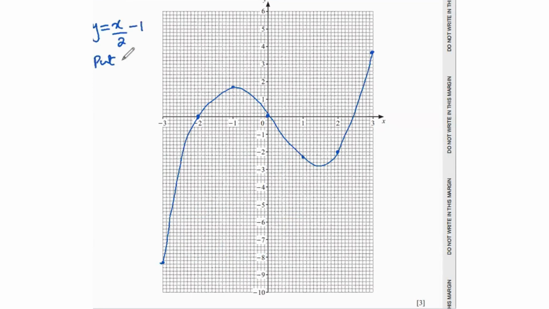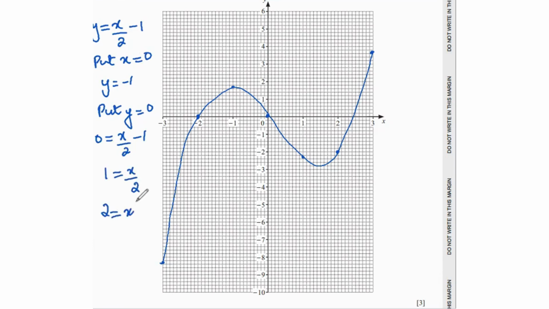If we put x equals 0, y is going to be negative 1. If we put y equals 0, that gives us 1 equals x over 2, so x equals 2. One point is (0, negative 1) and the other point is (2, 0). We just connect these two points.